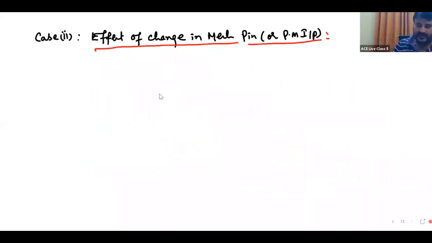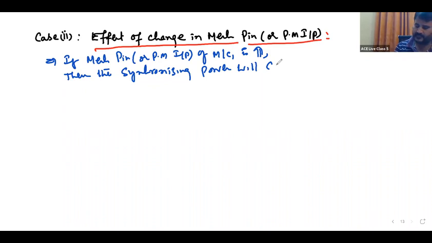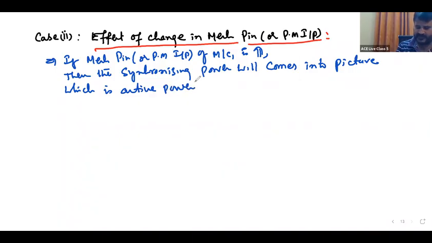If mechanical power input or prime mover input of machine 1 is increased, then the synchronizing power will come into picture, which is active power.